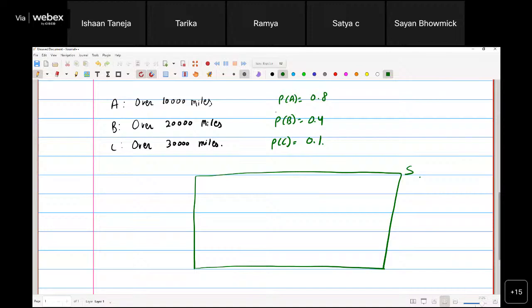I thought like 0.4 will extend, like if it is A, then B will cover A and B, but it is inside A. I was expecting another 10,000 to be outside A. I was thinking B will be the event A plus B, but it is inside A as per the lecture.